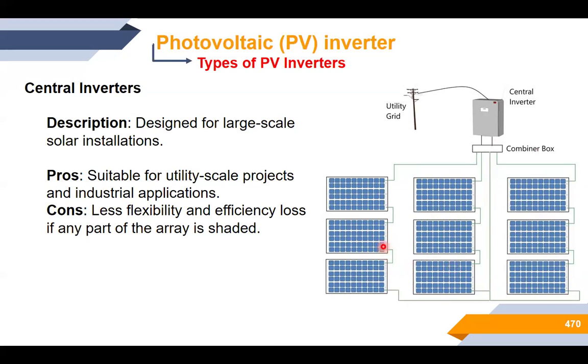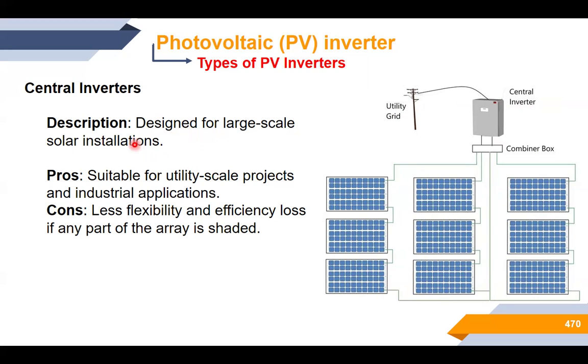So, as I said, we have 3 strings connected in parallel. In this PV system, we have just one inverter. In this situation, this inverter is called a central inverter. The central inverter is designed for large-scale solar installations.